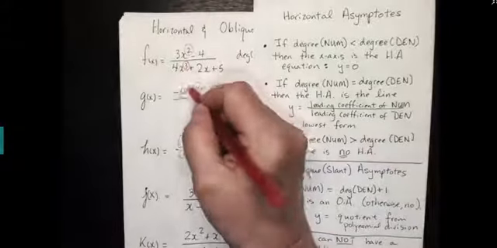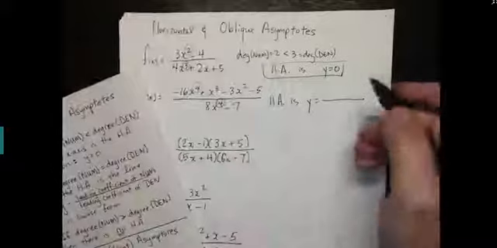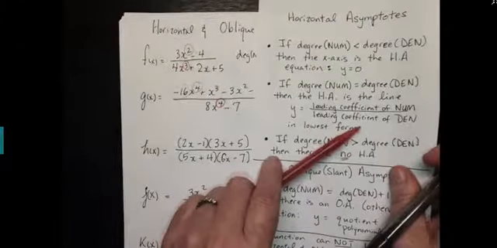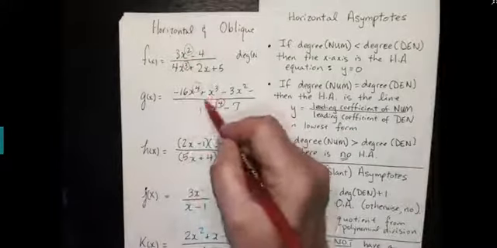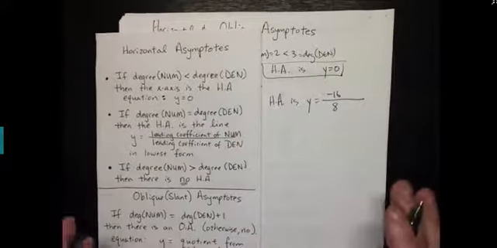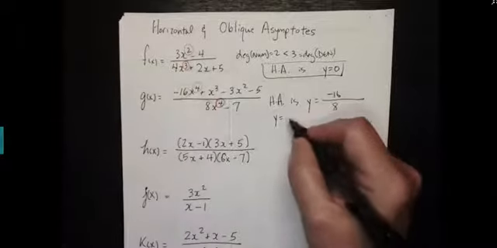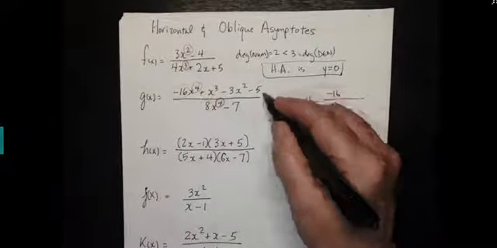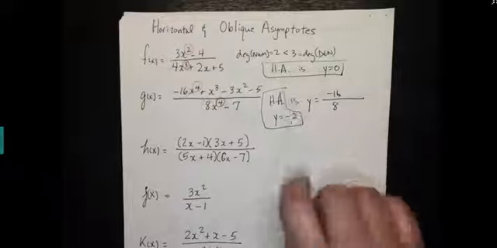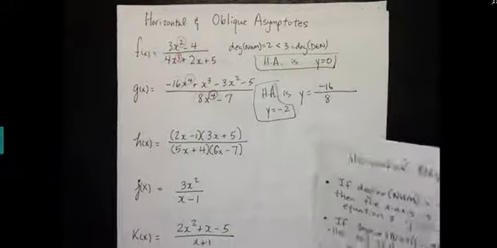That's the number multiplied by the highest power of x, divided by the leading coefficient of the denominator. Okay. And we want it in lowest form, and negative 16 divided by 8 is negative 2. So my horizontal asymptote is the horizontal line with this equation, y equals negative 2. That's what you'd have to write.